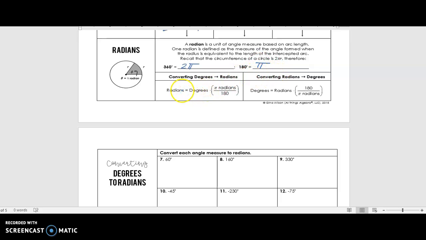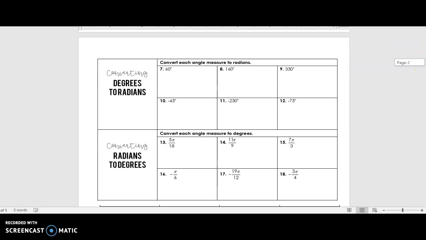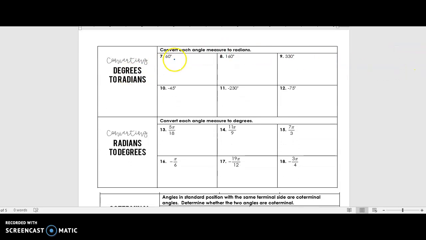So what would you do to convert degrees to radians? The converting factor would be pi over 180. I'll show you in an example. I don't like you to memorize things, but there are tricks for everything. So here we have 60 degrees and we are supposed to measure in radians. So we have to convert this into radians.